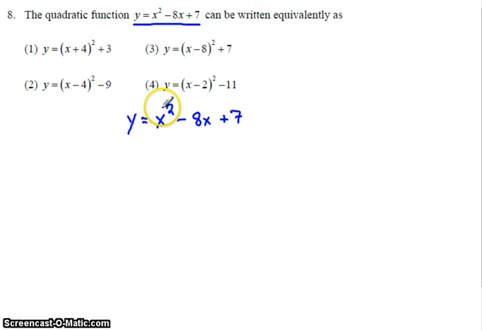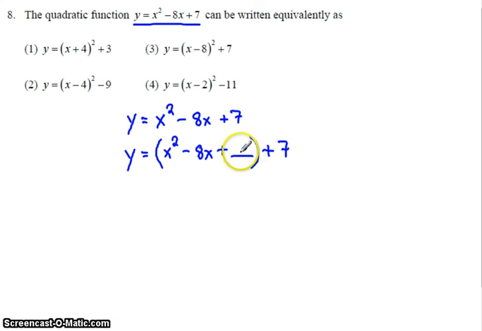And what we want to do is take these first two terms and put in that blank. So I'm going to put this in parentheses. It's going to be x squared minus 8x plus what number? We're completing a square to make it a perfect square. And then don't forget, we've got the plus 7.